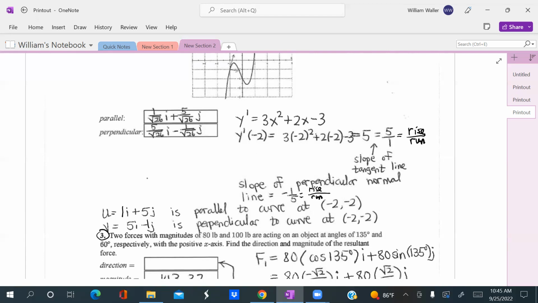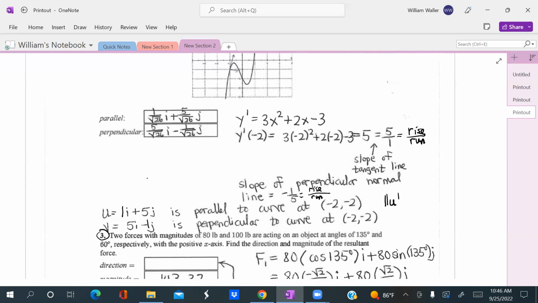So there's a parallel vector and a perpendicular vector to the curve, but these are not unit vectors. So we want to normalize these vectors, and we do that by dividing their components by the magnitude. I didn't show the computation of the magnitude here, but the magnitude of these two vectors is the same.